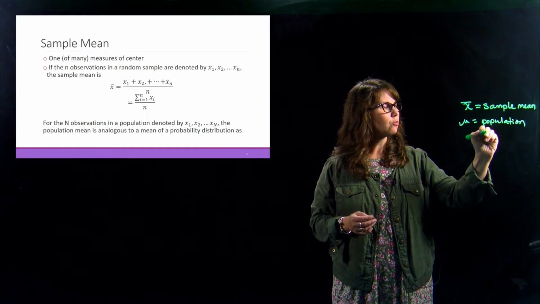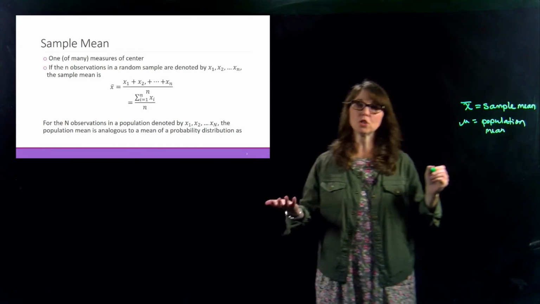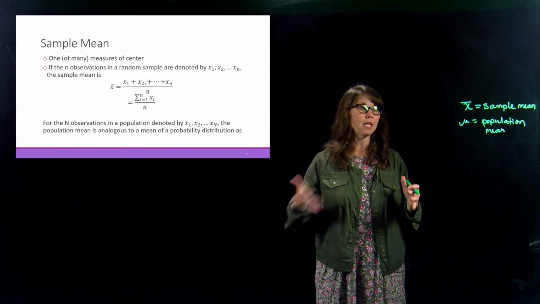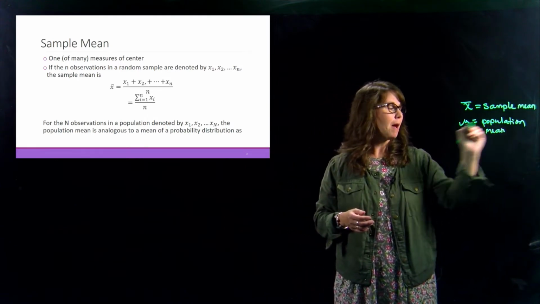And that is not just restricted to probability distributions. If we're talking about an entire population, we talk about mu being the population mean.